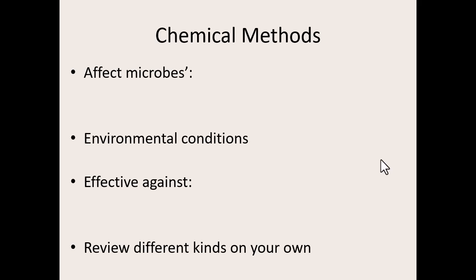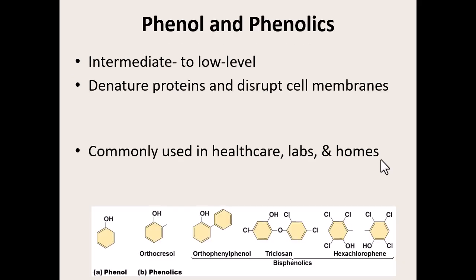Now I say review different kinds on your own, but I'm going to flip through them because I don't think there's really anything you have to write on the slides. But just a quick overview of different chemicals that we can use. Phenols and phenolics, these are the most commonly used things in the healthcare setting, in labs, and in homes. This is going to be some of your basic hand soap, your Lysol.